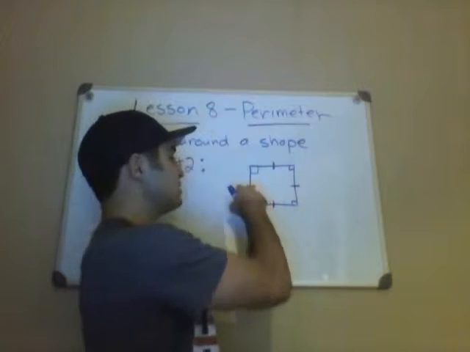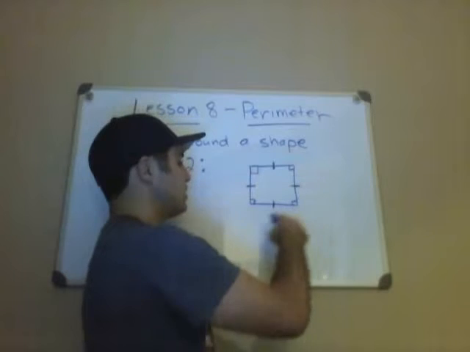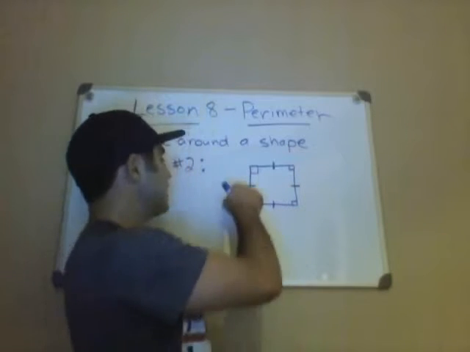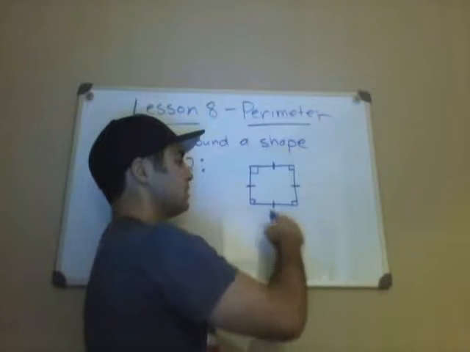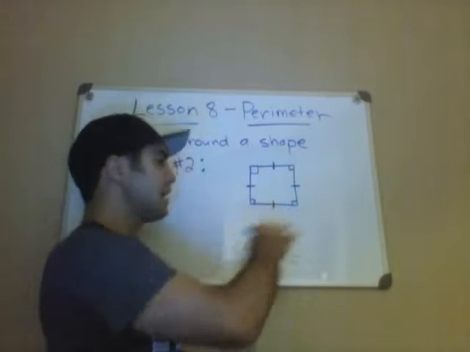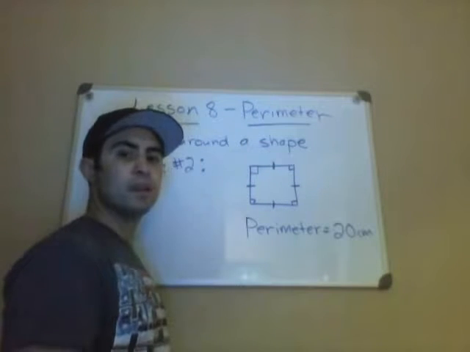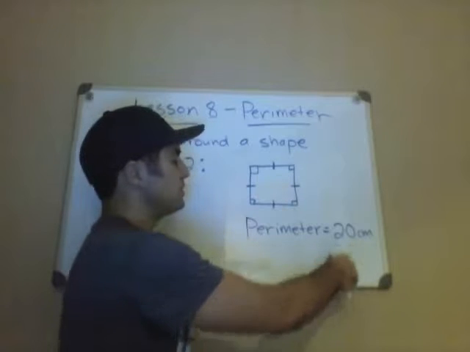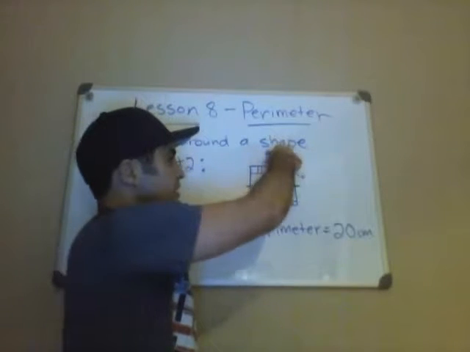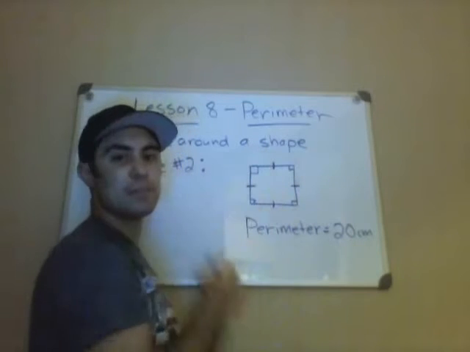If this side is 3 centimeters, then this side is 3, and this is 3, and this is 3 centimeters. If this side is X miles, then every side is X miles. A square has all sides that are equal. So if I am told that this square's perimeter is 20 centimeters, that means if I add this plus this plus this plus this, it's going to equal 20. And all these have to be equal.